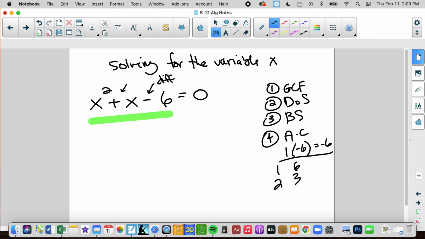And then we look at the first sign and we see that the bigger of these 2 factor pairs is going to be positive. So the bigger is positive, the smaller is negative. That makes 5, that makes 1. We look to see which one of these equals my middle coefficient, and that would be negative 2 and 3.